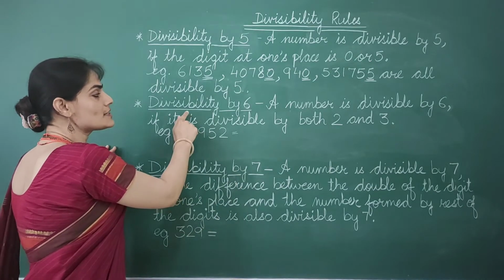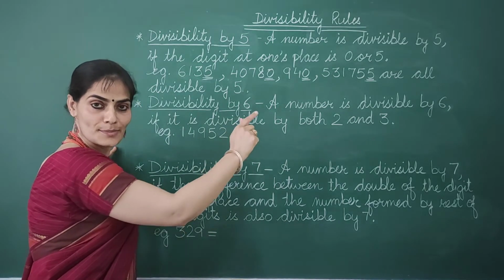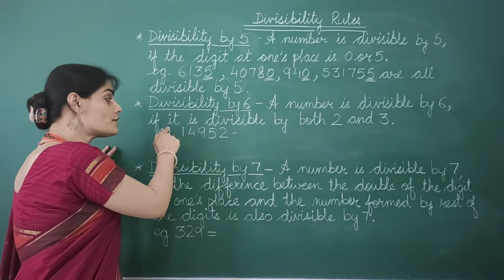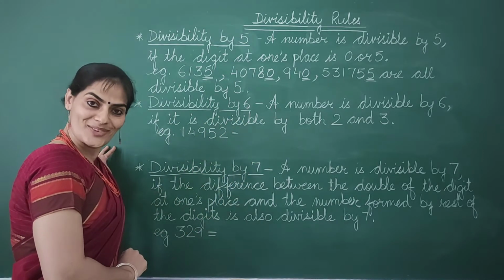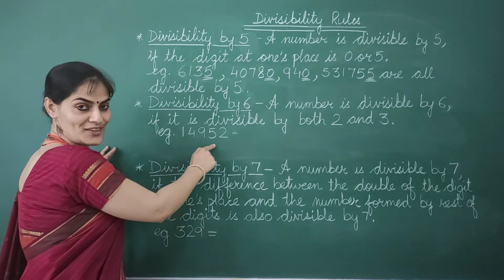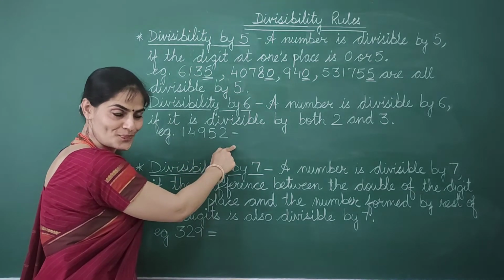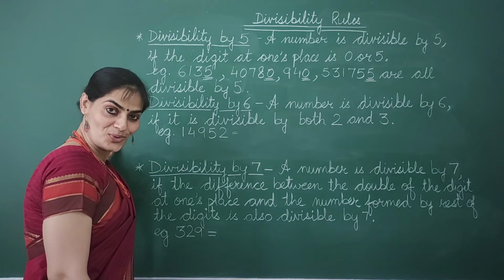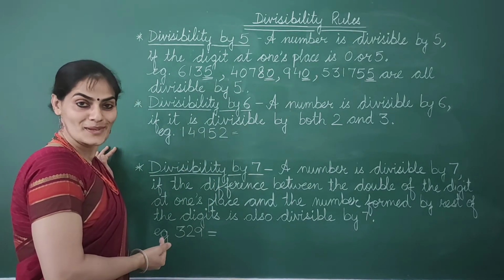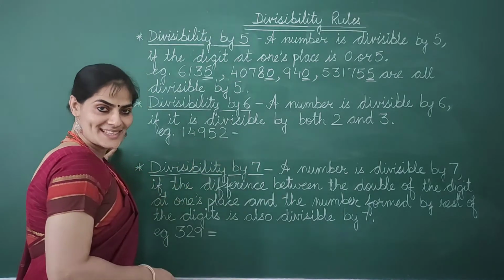The next is divisibility by 6. A number is divisible by 6 if it is divisible by both 2 and 3. So look at the given example. It is 14,952. Now as this number is ending in a 2, that means it will be divisible by 2. Now let's find the sum of all its digits.